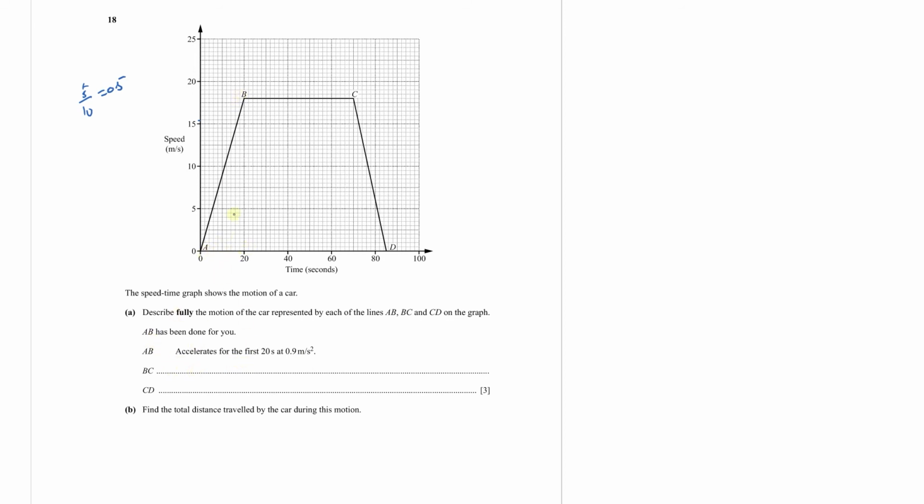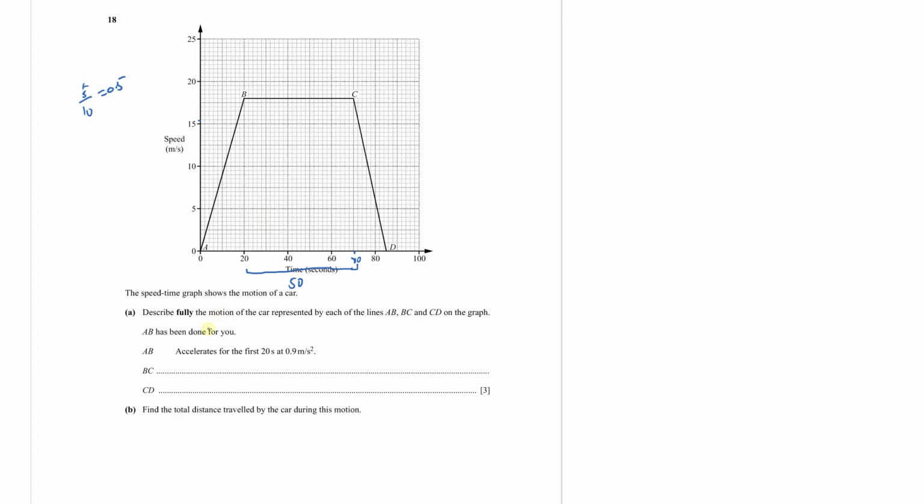So BC would be the speed is constant, and how long is the duration? From 20 till this point, which is right in the middle. So on the x-axis, each small block represents 1 second. So this is 70. So this duration is 50 seconds, right?